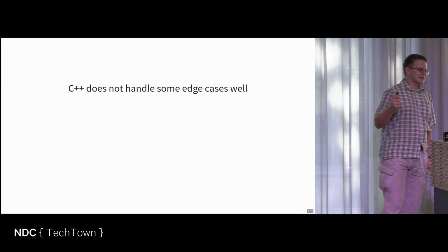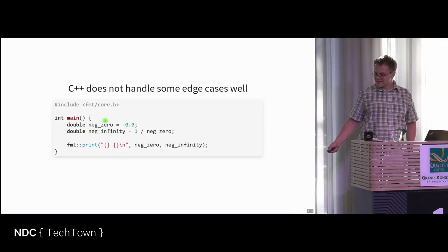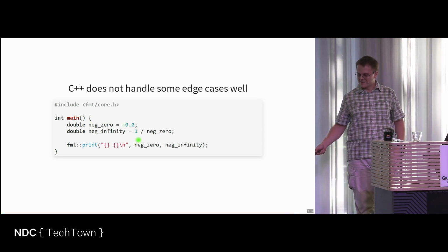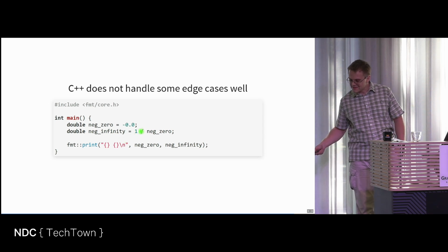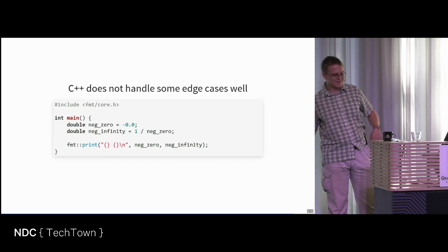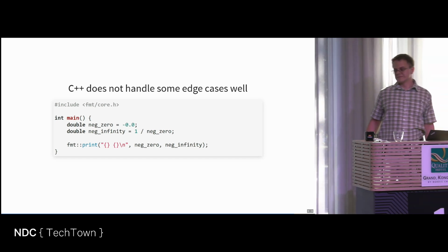Let's say that we write basically the same code. We again have some negative 0, we store minus 0 there, and then we take the double negative infinity. Oh, sorry, this is supposed to be negative 0 that we divide by. No, this is correct, sorry. So we should have negative 0, negative infinity.